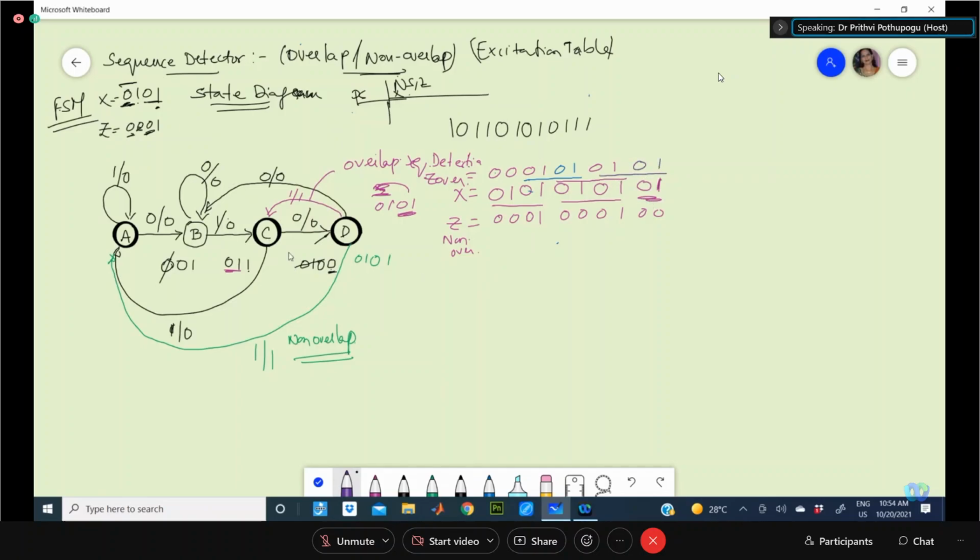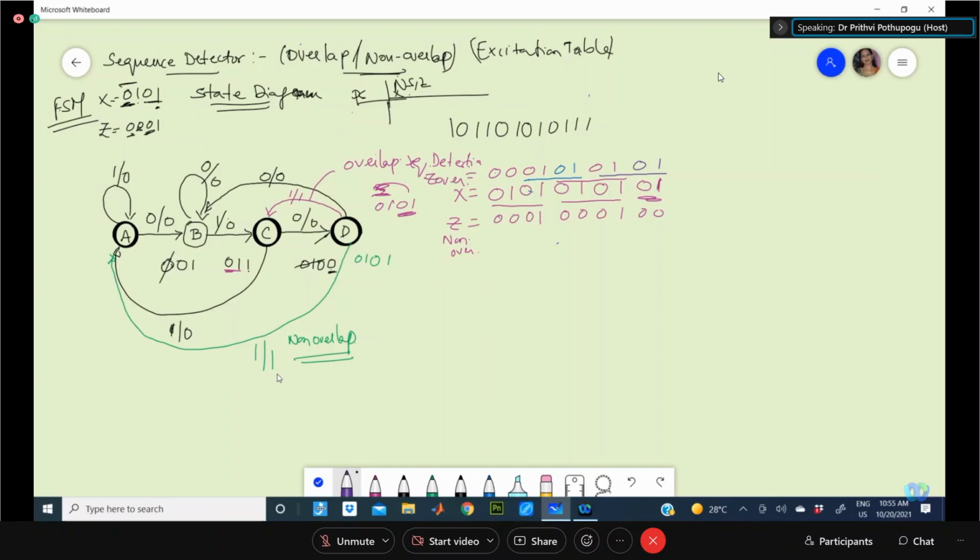Let me see if this state diagram gives the output as defined for Z of non-overlap and Z of overlap. For Z of non-overlap, you take 0, 1 and the output is 0, 0, 0, 1, taken back to state A here. That means input 0, 1, 0, 1, output is 0, 0, 0, 1.